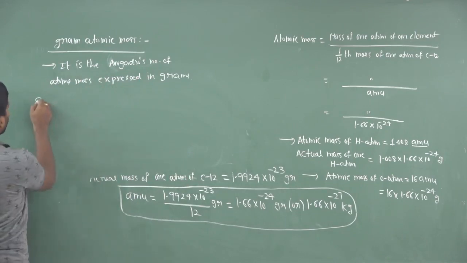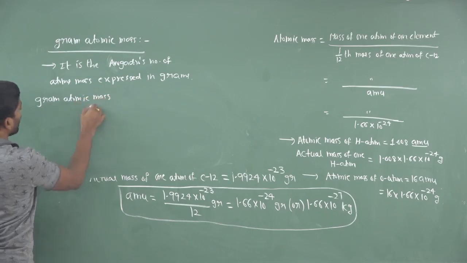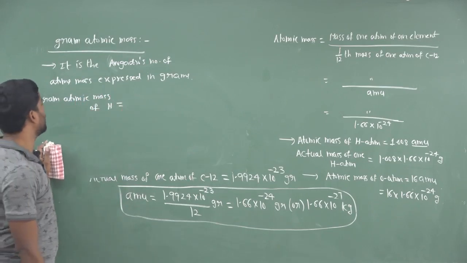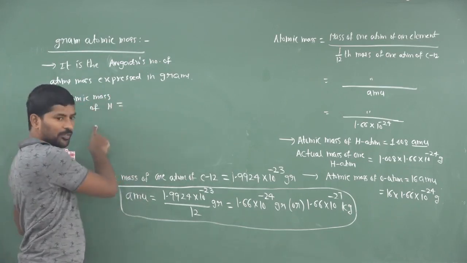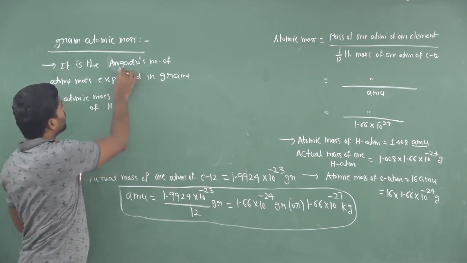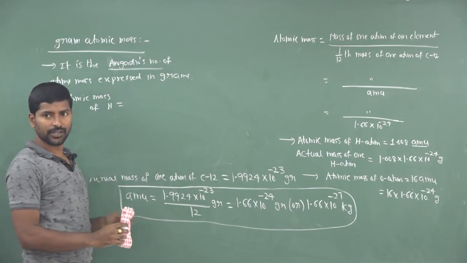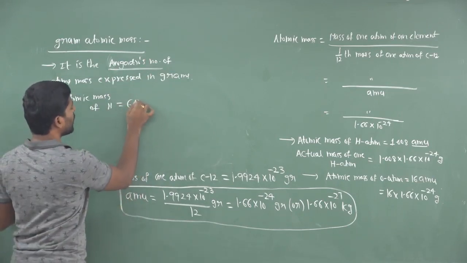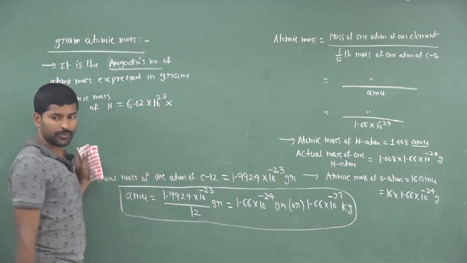For example, the gram atomic mass of hydrogen means how many hydrogen atoms' mass? Avogadro number of hydrogen atoms mass. Avogadro number means 6.02 into 10 power 23 hydrogen atoms we have to take.